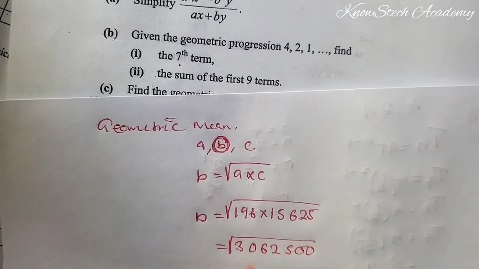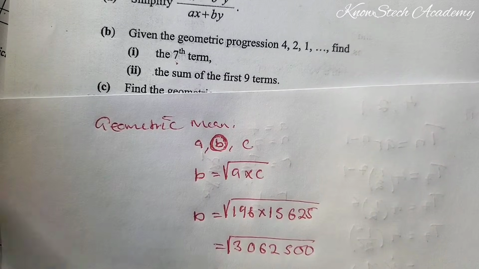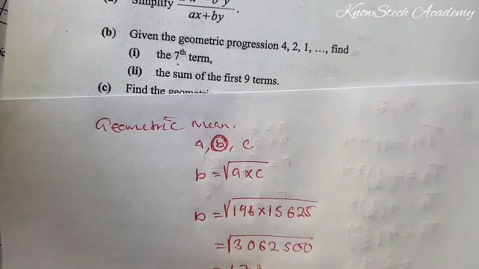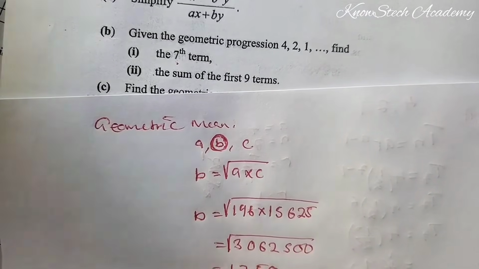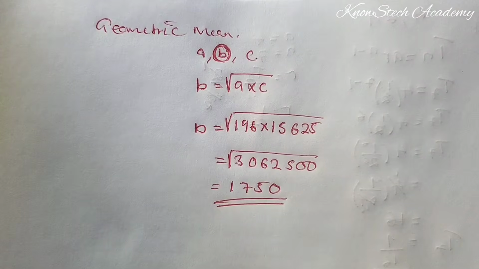So let's find the square root of this number, 3,062,500. It's giving me 1,750 as the geometric mean. So this is the answer.